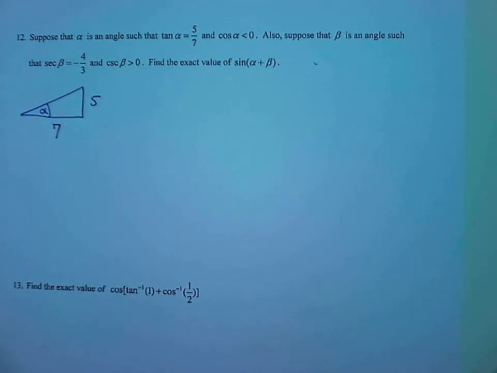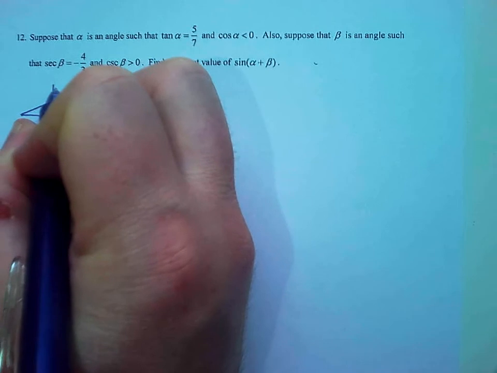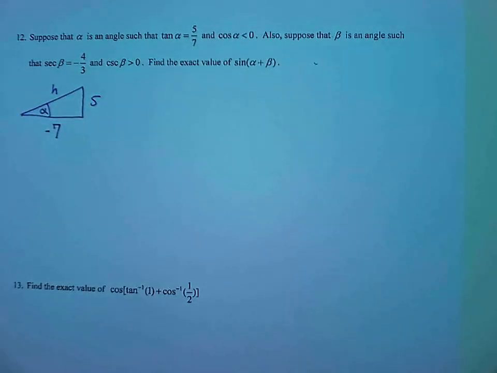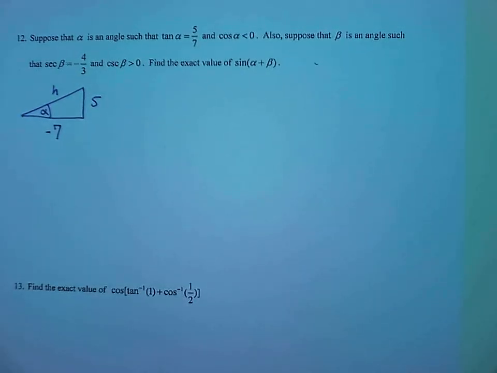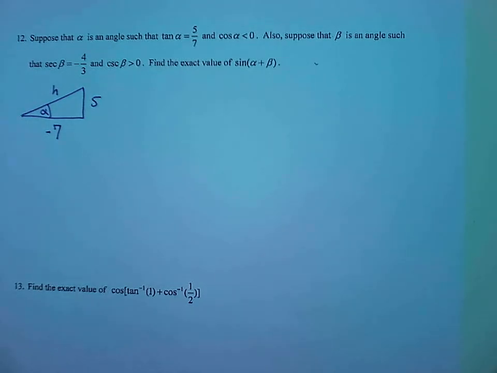But now the important thing is that the cosine of alpha is strictly less than 0. And in order for the cosine of alpha to be less than 0, here we're going to call this our hypotenuse, but therefore this has to be a negative 7 right here. That's only going to be the case if the cosine of alpha is strictly less than 0, but the tangent of alpha is still equal to 5 over 7.